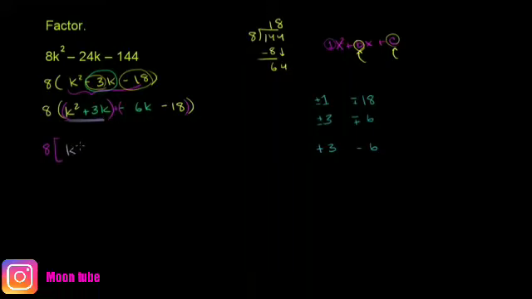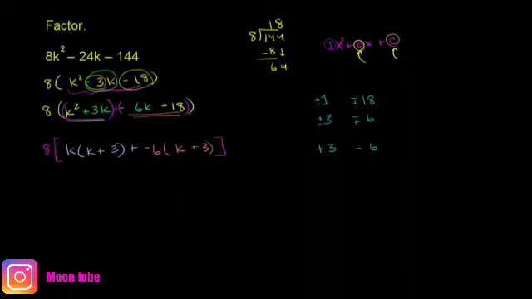So this is k times k plus 3. And then over here it looks like we could factor out a -6. So plus -6 times k plus 3.